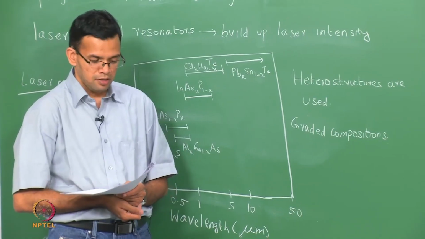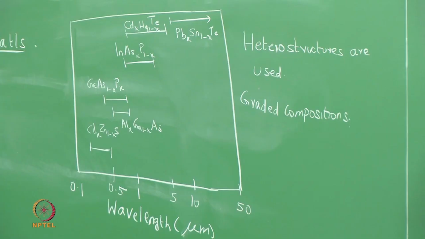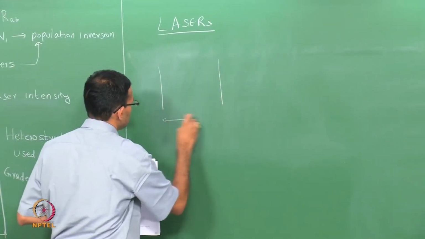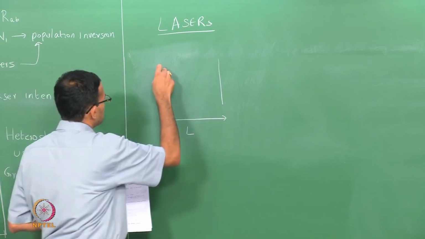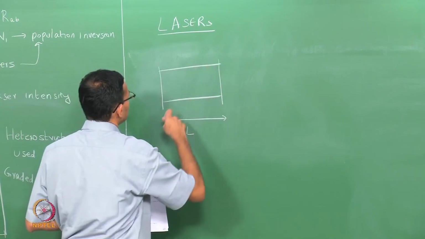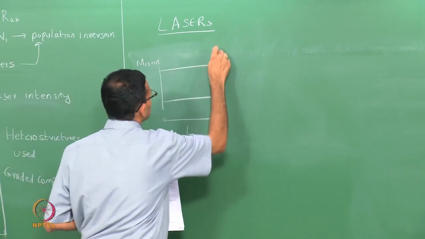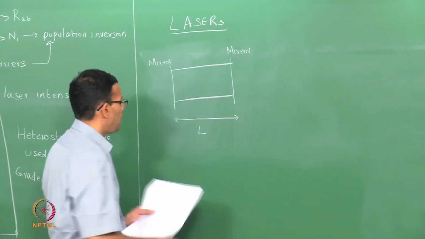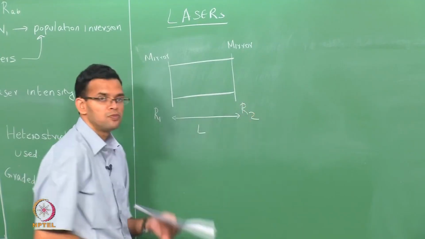As we mentioned earlier, usually a double heterostructure model is used for lasers. So, consider the case of a laser material of length L. There are two reflecting mirrors on either sides. So, these are your mirrors, and they have reflectivity values of R1 and R2.